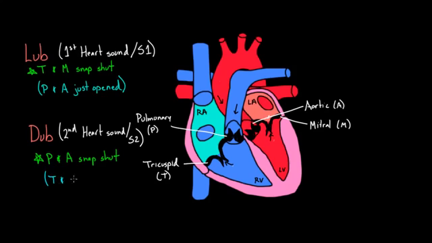And that must mean that the other two valves just opened up. The tricuspid and mitral just opened. You can assume that, right? And I didn't draw that in the picture. Let me update my picture now to show that. So now these two have opened up, and blood is coming into the ventricles again. So it's actually a nice little rhythm that you get going.